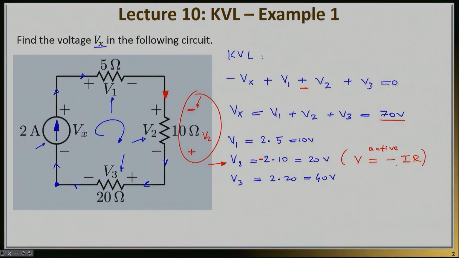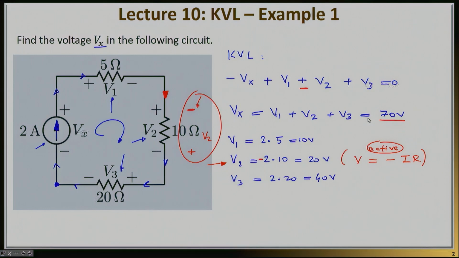So now you can understand a little bit in more detail why it was so important to learn Ohm's law correctly. Ohm's law did say that V is equal to IR, provided that you have passive sign convention. Now, with the new polarity of V2, I have an active sign convention, and therefore V is equal to negative IR for that resistance.